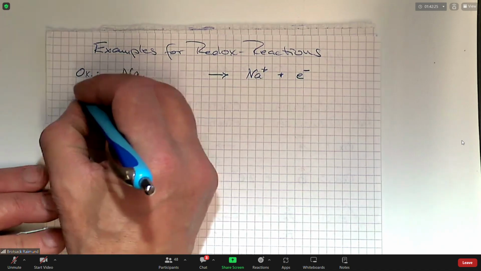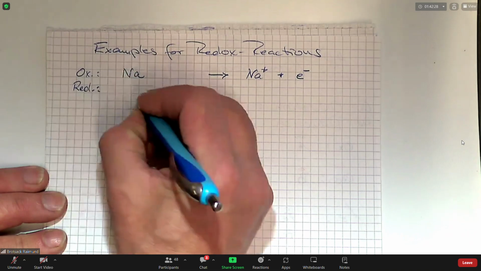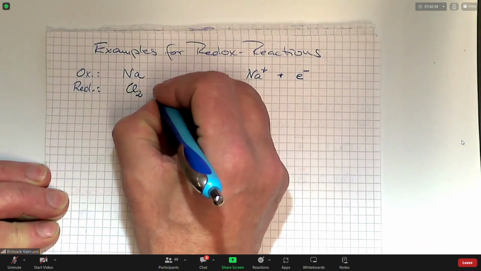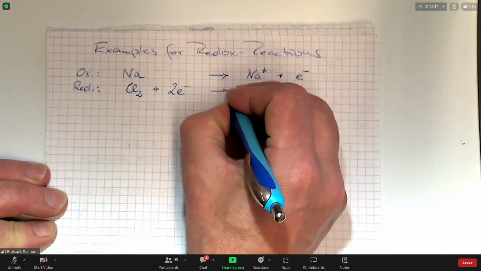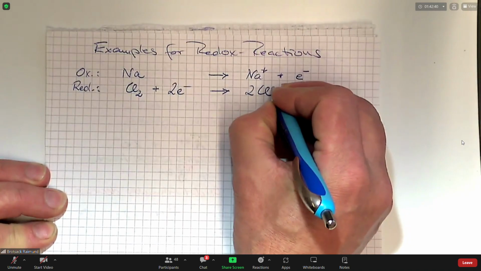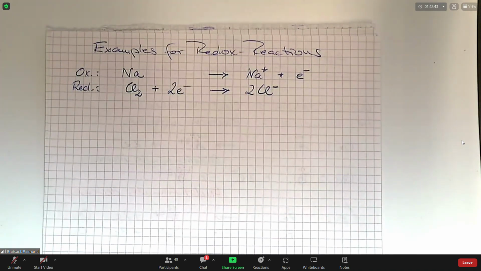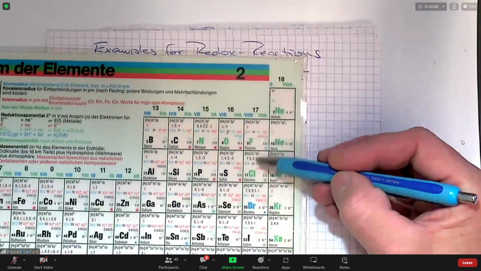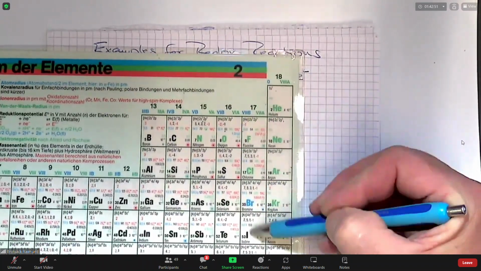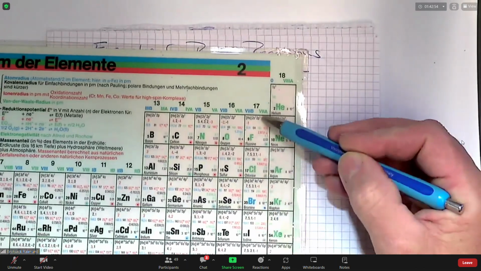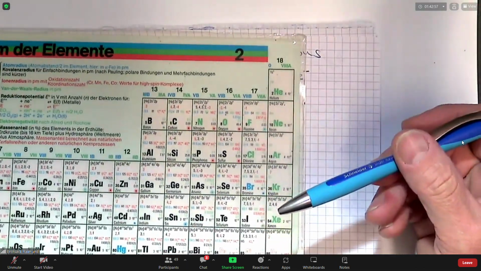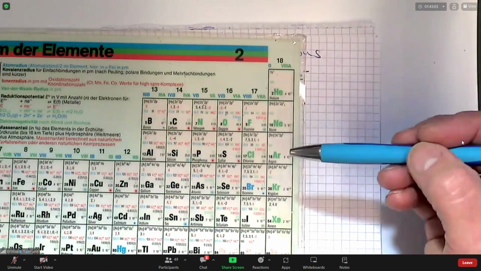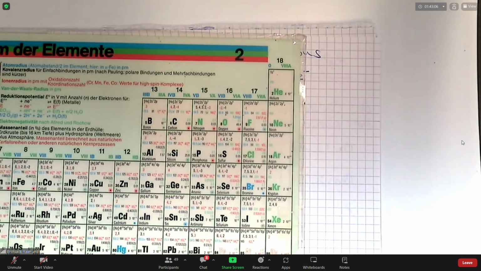And when we look to another example, a reduction, we had it already, the chlorine gas. It will take up 2 electrons as mentioned, and we will end up at 2 Cl minus ions. Chlorine is in the opposite situation, in the 17th group. How do we call this group? The halogens, and they take up an electron, and then it will end up at the electron configuration of argon.